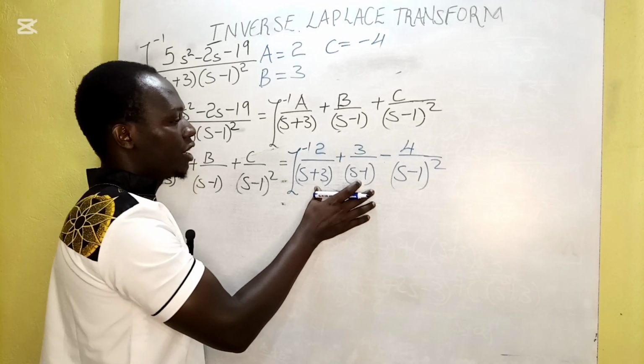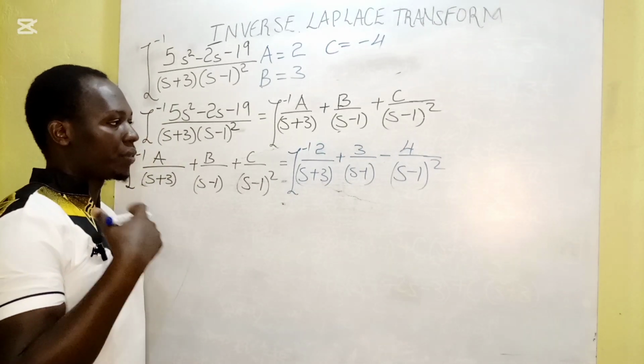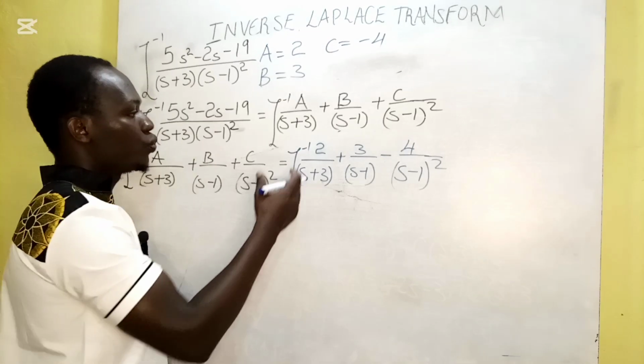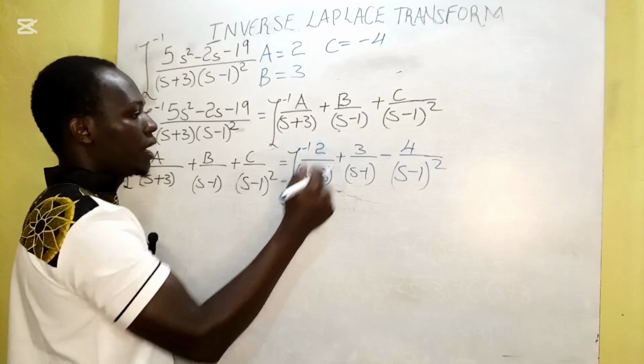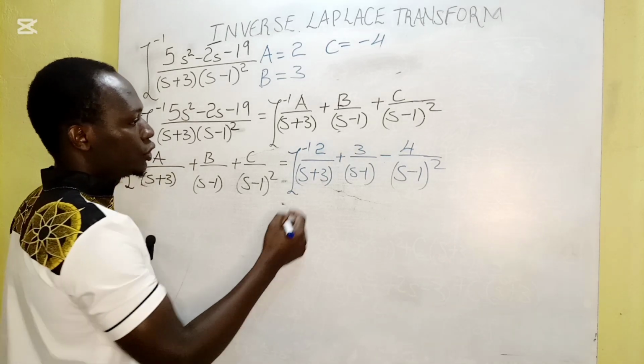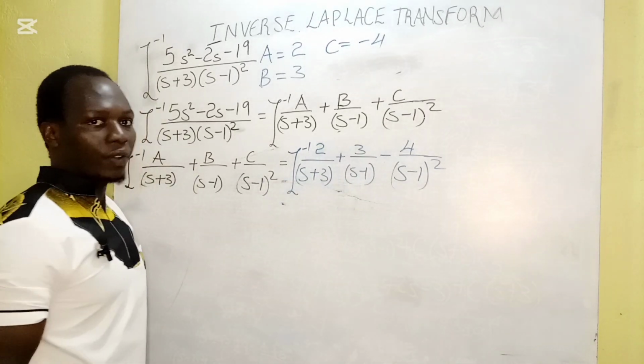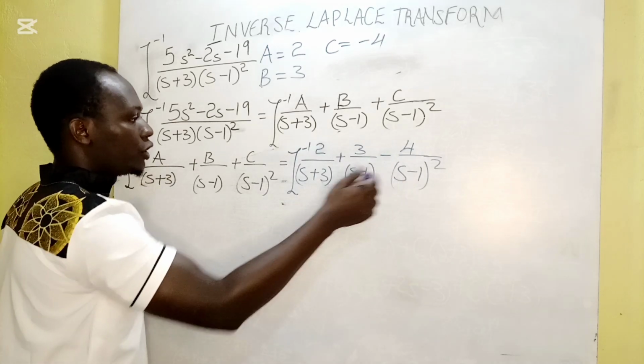We can now find the inverse Laplace transform of all of these functions directly, because we have now the values of A, B, and C. By finding the inverse Laplace transform of this function, we distribute the inverse Laplace transform to each and every function here.